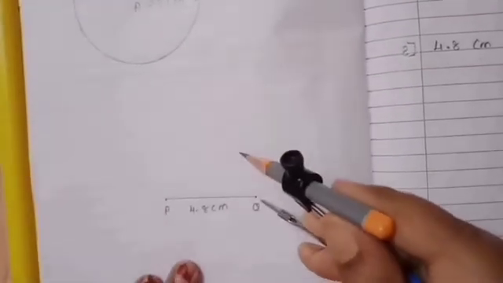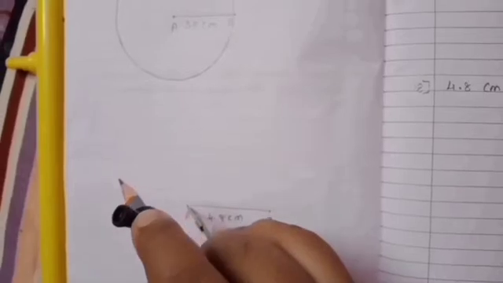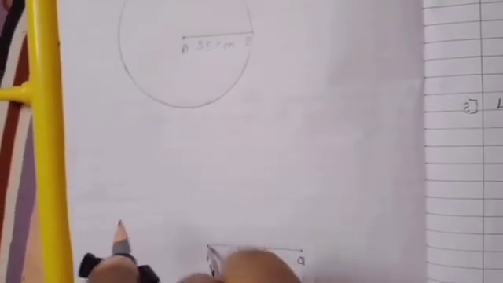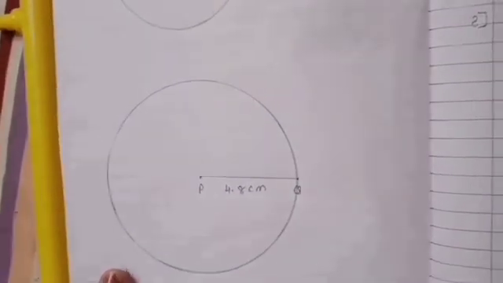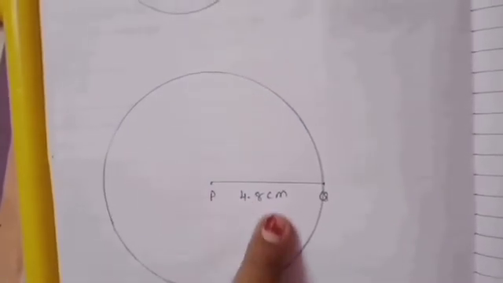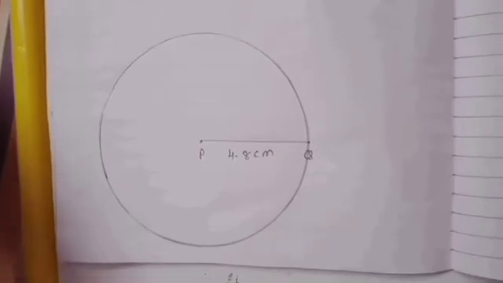Now we have to take the measure of PQ, and keep one end point of the rounder at P and draw a circle. Full round we have to draw, so then only we will get a circle. So it is a circle of radius 4.8 centimeter.